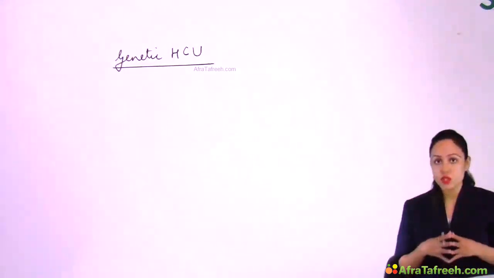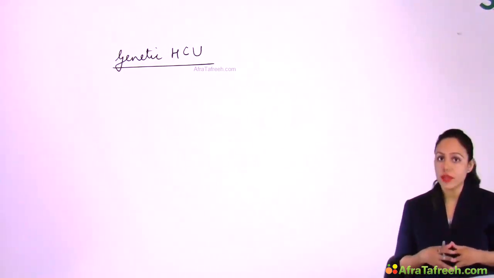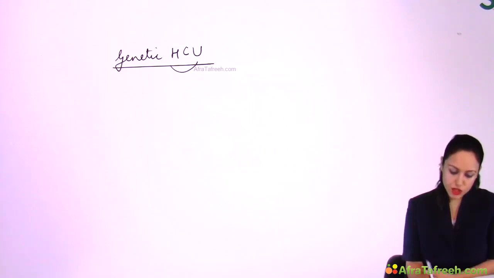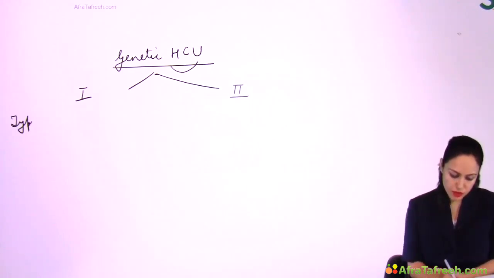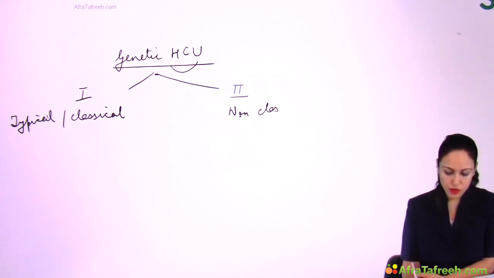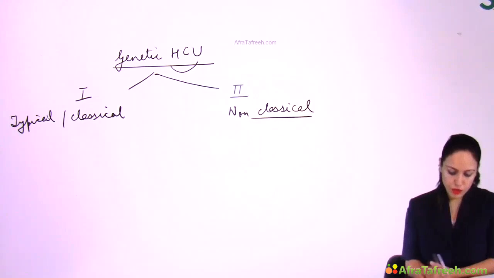Now let's take this topic, genetic homocystinuria. I'm just writing HCU for homocystinuria. This is further of two types, type 1 and type 2. Type 1 is also known as typical or classical type, and type 2 is the non-classical type of homocystinuria.